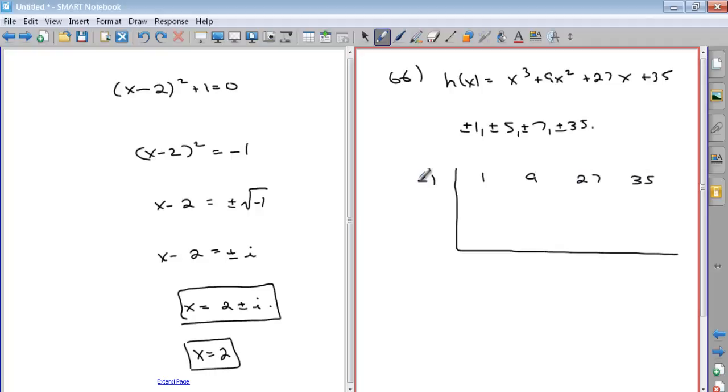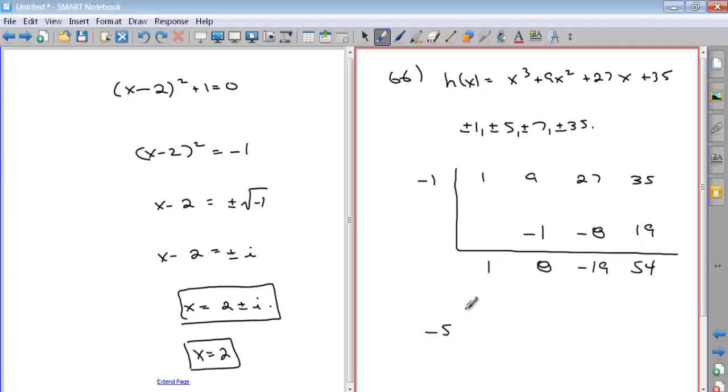So let's try negative 1. So that is 54. So that's not going to work.